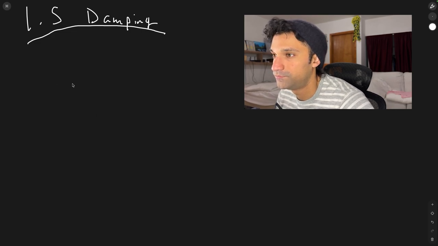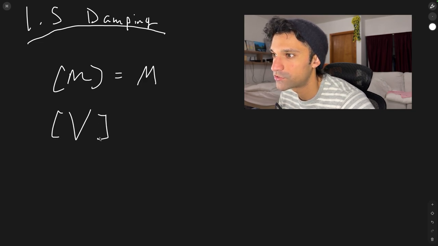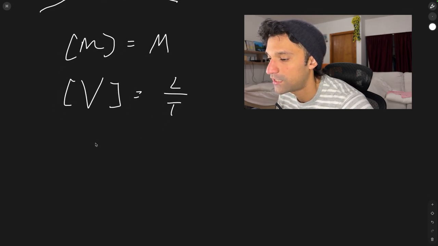So, like I said in the hint, we're going to do this the way we've always been doing it, right? So we know we have a mass m, and so the units of m are just mass. We have an initial speed v, the units of which are length over time, and we have this constant b.